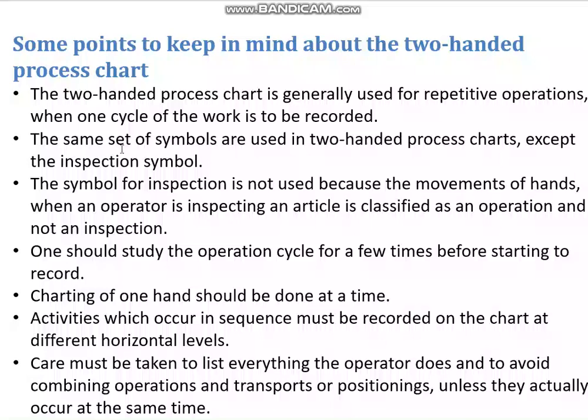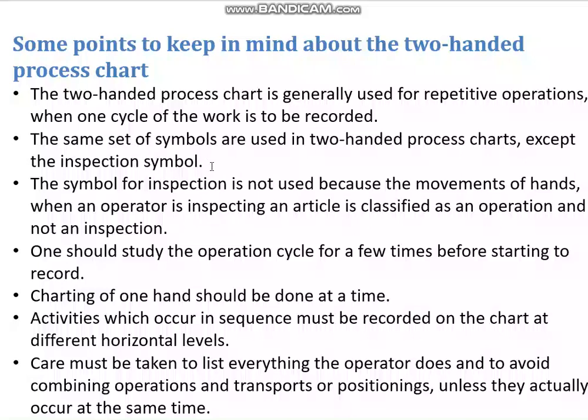The symbols that we were using, like the circle for operations, a triangle for storage, capital D for delay, an arrow for transport, and a square for inspection. Those same symbols are used in the two-hand process chart except the inspection symbol. All the other symbols are used here, but the inspection symbol is not used here.